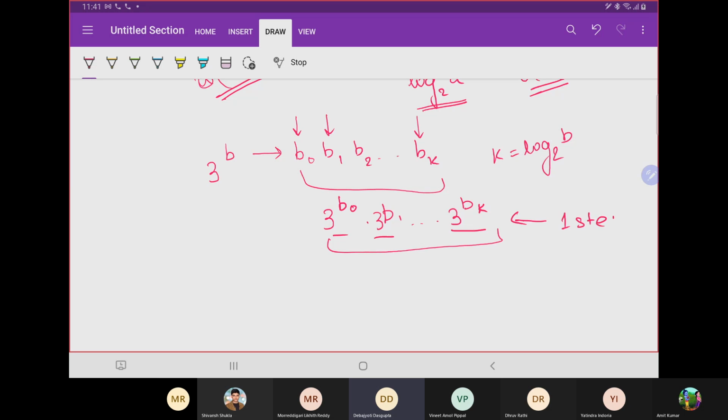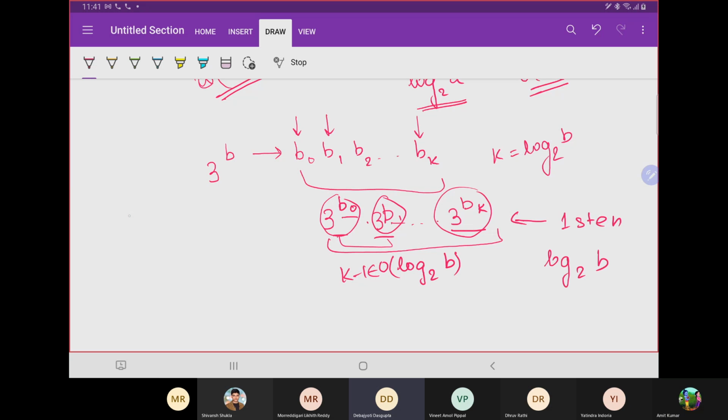There will be only log to the base 2 terms, because there are b0, b1, b2, and we are taking the product k minus 1 times, which is of the order of log b to the base 2. And what is the time for calculating each power? This is also log to the base 2 of b.